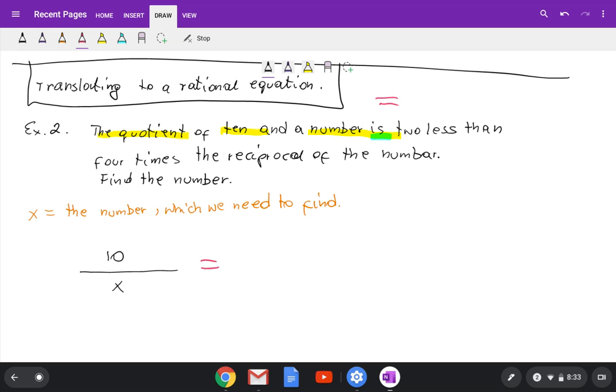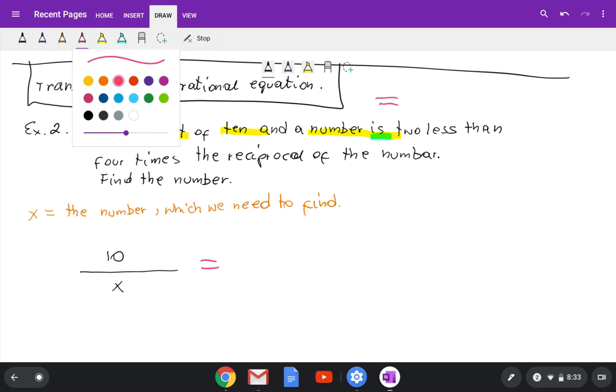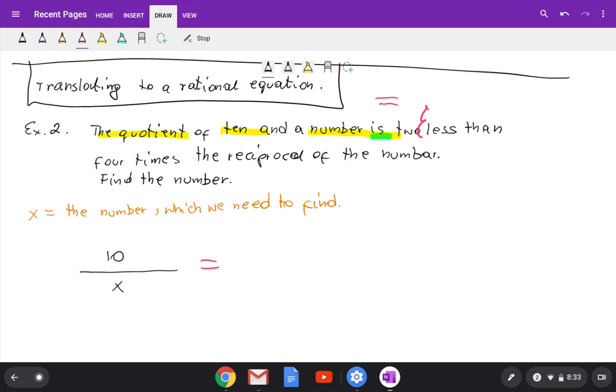A couple of things about less than. When you have a less than, technically you switch the order. I know we'll have to eventually subtract, but you first create this: 4 times the reciprocal of the number, and our number is x, so 4 times 1 over x.